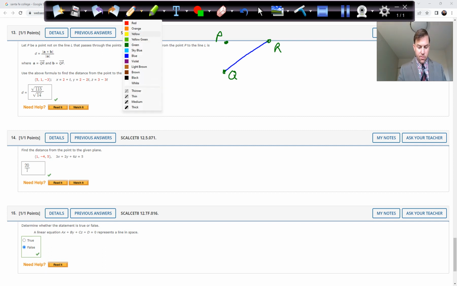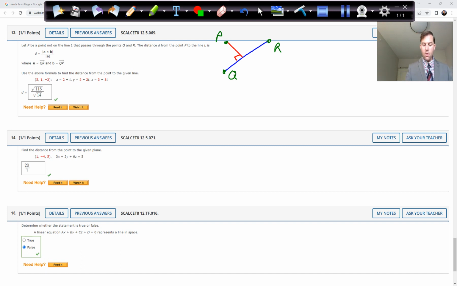So we want to find this distance here. And notice it involves a cross product because the shortest distance should be perpendicular to this. Okay, so we want to find that distance D, this red line. And luckily for us, they gave us the equation, so it's not too bad.